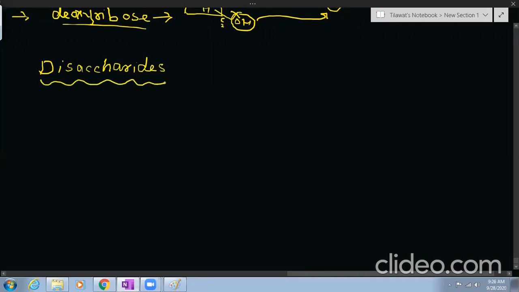Disaccharides, as the name indicates, di for two, saccharide from sugar. So it means disaccharides contain two sugars. How? For example, this is one monosaccharide and this is another monosaccharide.